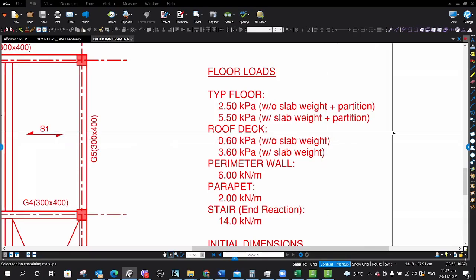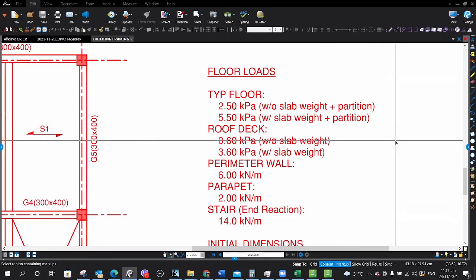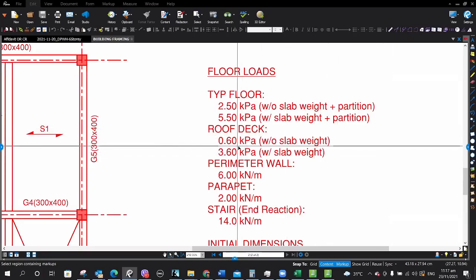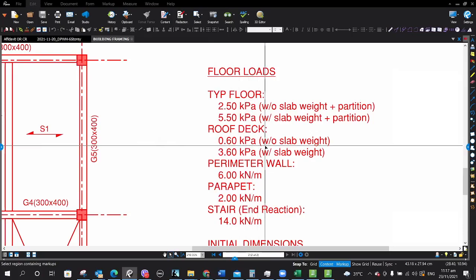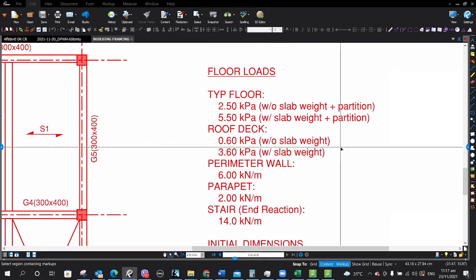Okay? So for the roof deck, of course you have to consider also the weight of the roof deck. Usually for the roof deck, you have to account for the waterproofing. If you put a mortar or topping, you have also to account for that. So based on our assumption here, I put a 0.6 kilopascal area load, without considering the self-weight of the slab.